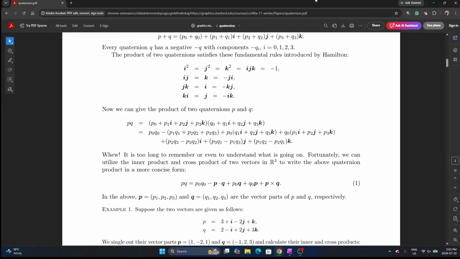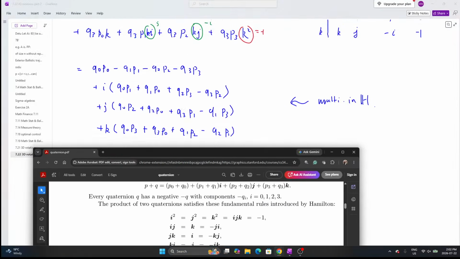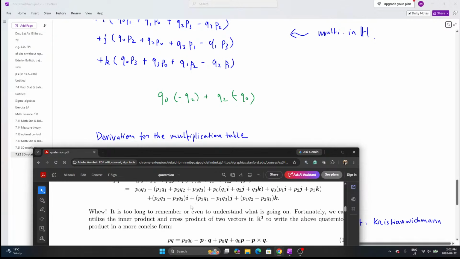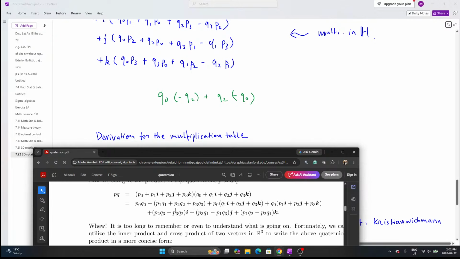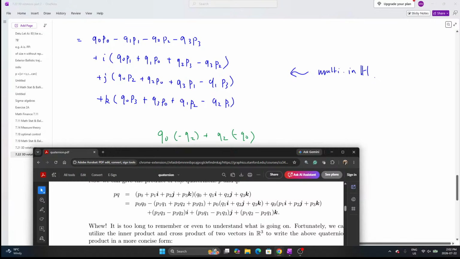Is that the same as the one I got? This is the real part, yeah, that's the real part. Here it actually grouped into this nice vector form.